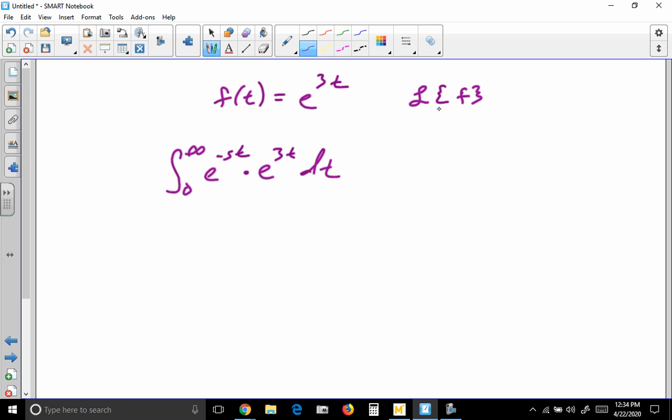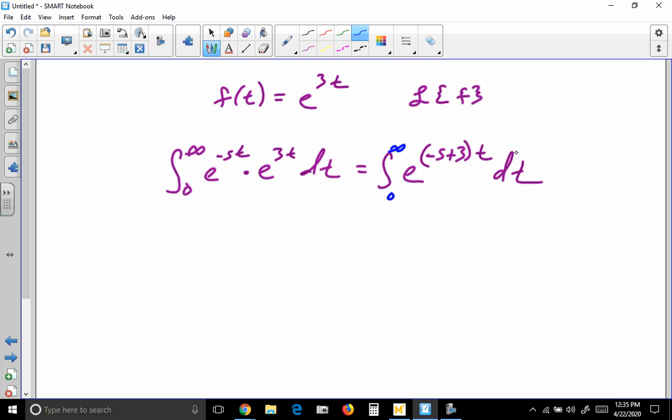We're multiplying with like bases here, so we can combine the exponents. So we combine those exponents, and we get negative s plus 3, or we could call that negative s plus 3 t dt. So we just need to do a u du fit.